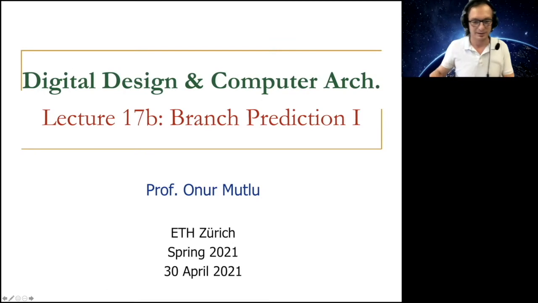Okay, let's get started with the second part of the lecture. We're going to switch to branch prediction, which we have briefly covered in an earlier lecture when we discussed pipelining and dependencies and control dependence as a special form of data dependence.